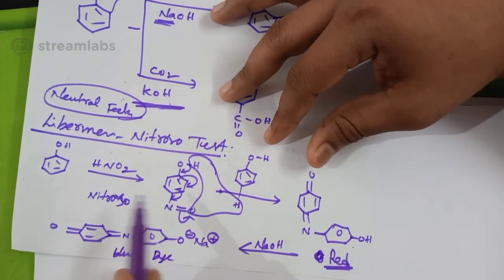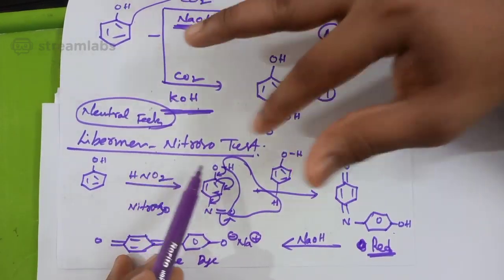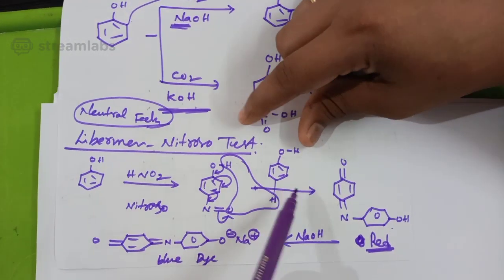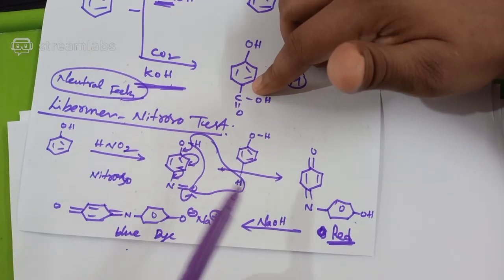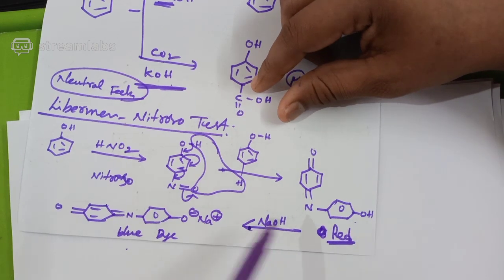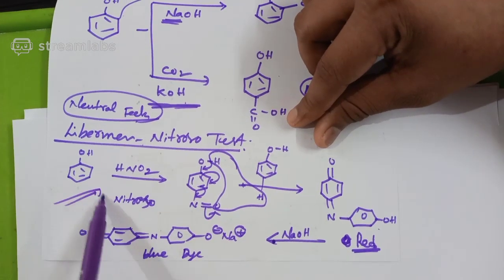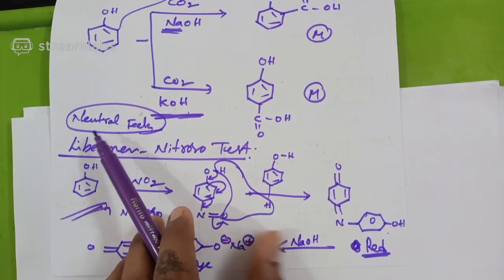So first we will get nothing, very simple. Take phenol and add nitrous acid, and with excess phenol the reaction itself takes place, and it finally gives a red color dye. And for further confirmation, add concentrated sodium hydroxide solution, then immediately it becomes blue color. So based on that, the confirmation is that the given compound is phenol. This is called Liebermann's nitroso test.